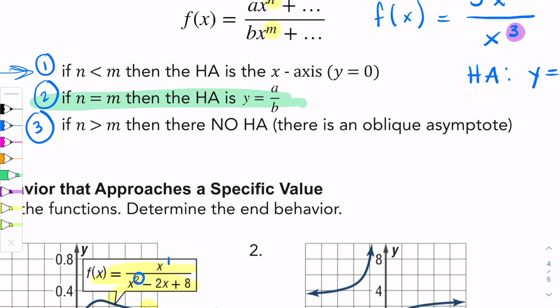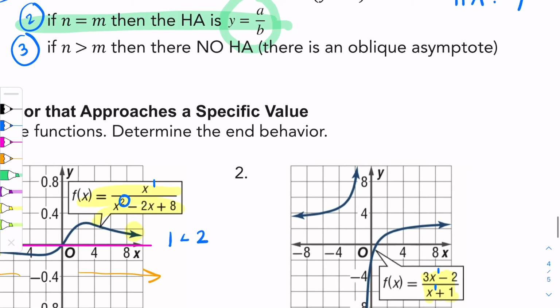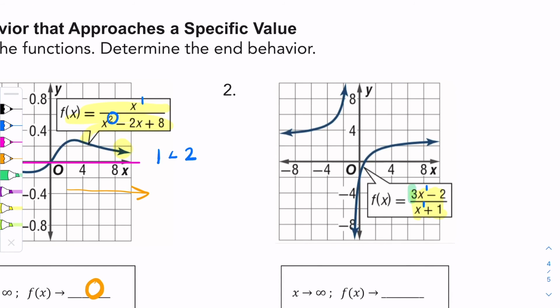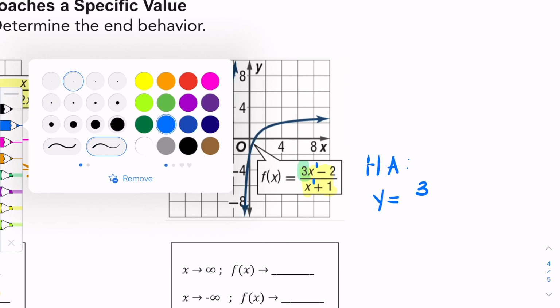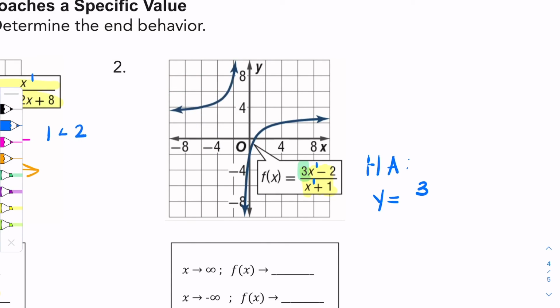And it says to set up a fraction, this fraction, which is a over b, or the leading coefficient of the numerator divided by the leading coefficient of the denominator. The leading coefficient of the numerator is 3, and the leading coefficient of the denominator is just 1. 3 over 1 simplifies to 3.